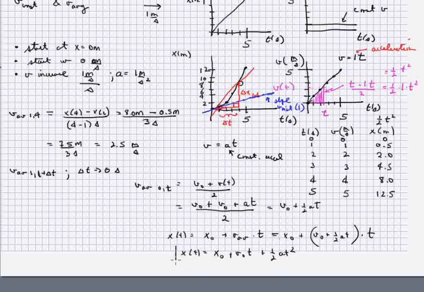That's our second kinematic equation. So in words, the position for constant acceleration, the position at time t is equal to the initial position plus the initial velocity times the elapsed time plus 1/2 times the acceleration times the time squared.